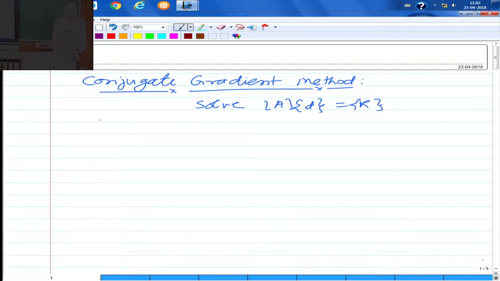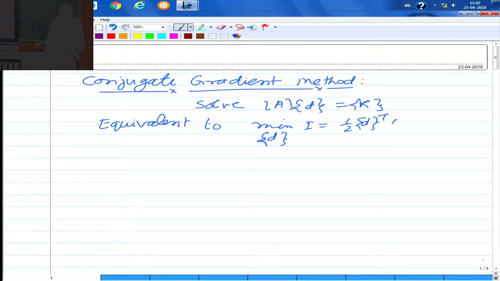So this is equivalent to minimizing, as we have already said, a functional over D. The integral functional, say I, is half of D transpose into A into D minus D transpose into R. If you recall, this is nothing but our integral functional for all linear problems.